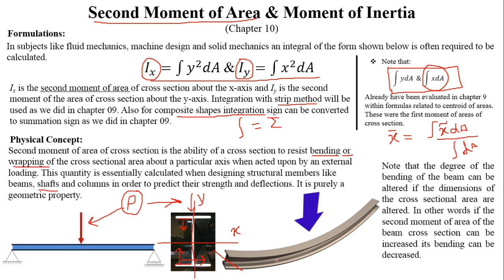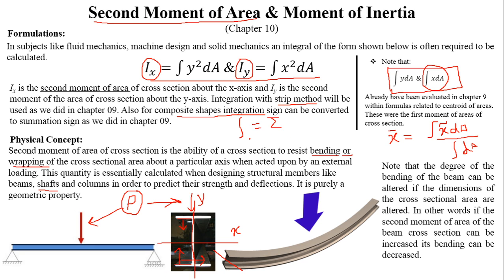So the second moment of area represents the ability to resist this bending when structural members are acted upon by external loads. You can realize that it is a very important concept in the world of mechanics, especially solid mechanics and machine design.